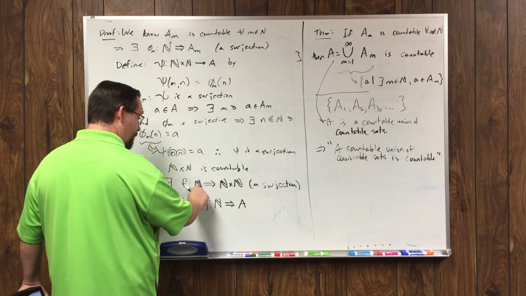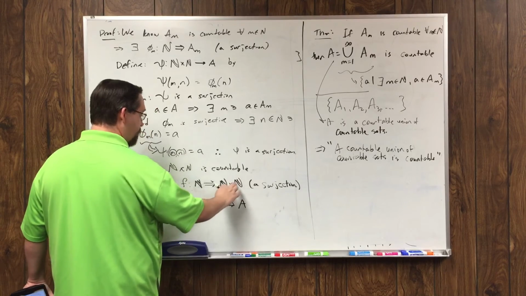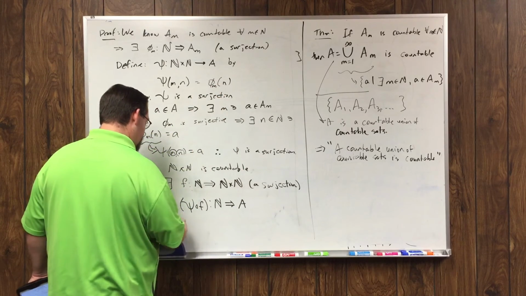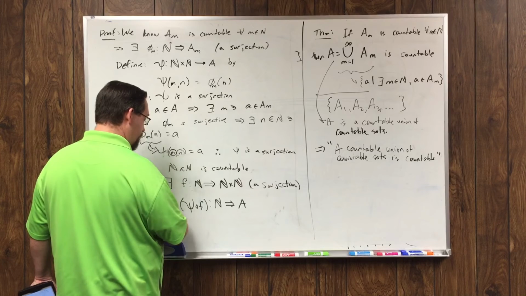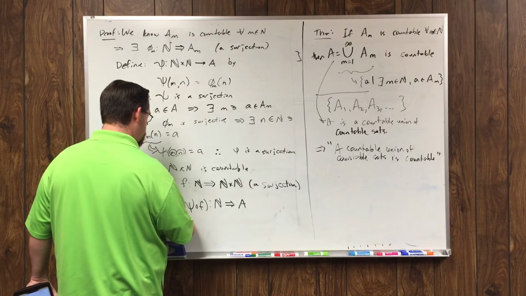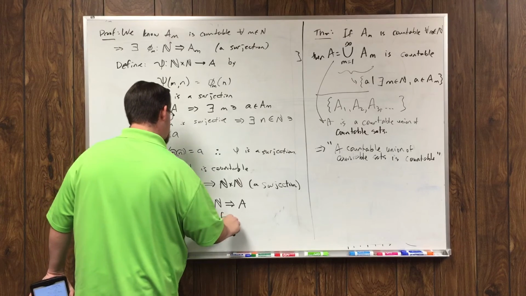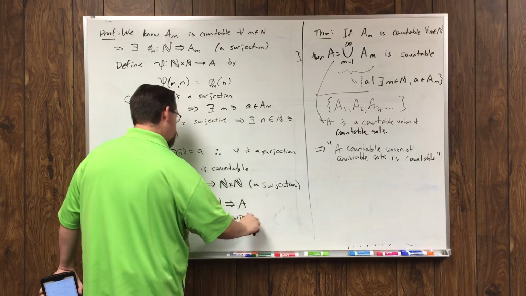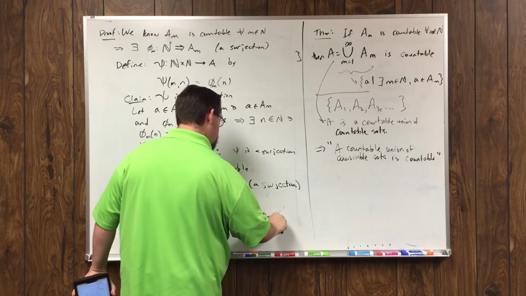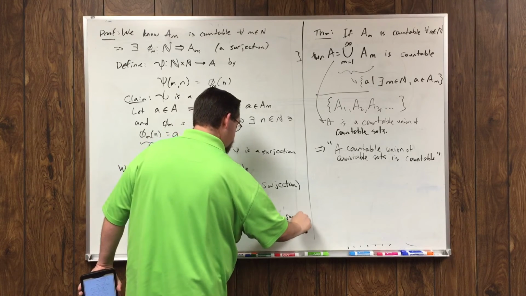Since f goes from N to N cross N, and then c goes from N cross N to A, and a composition of surjective functions is surjective.